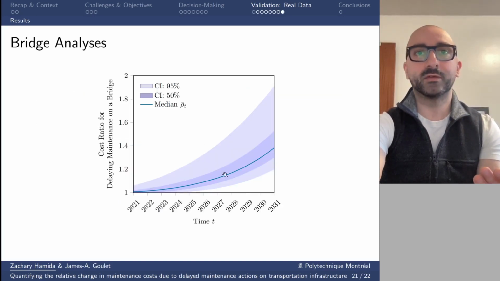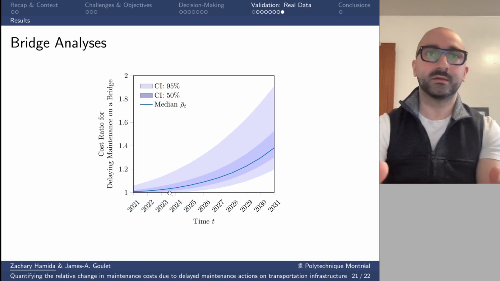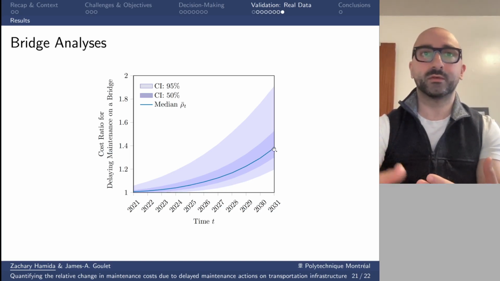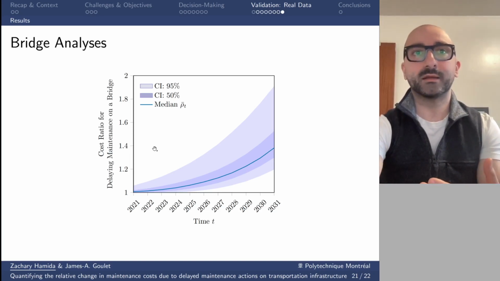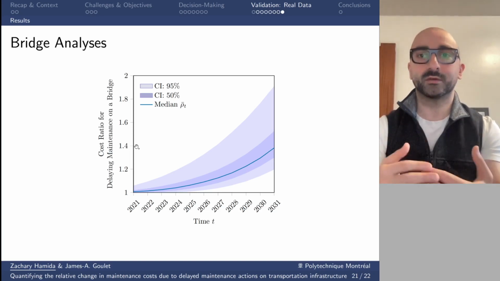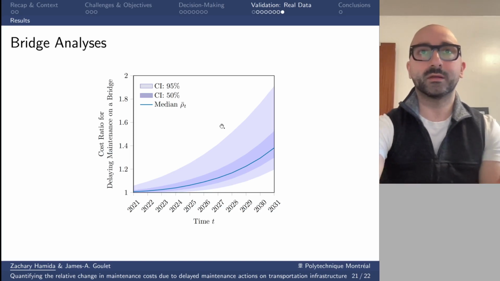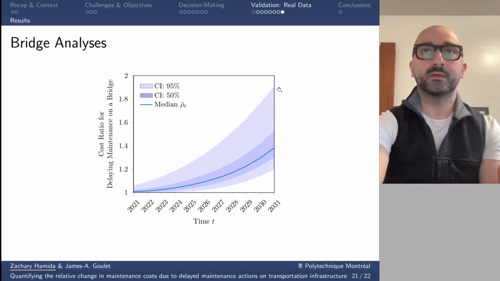If we rely on such information, we see this cost ratio, which shows that if we don't intervene, we would incur a total discounted cost in the future of this magnitude relative to the original total discounted cost, alongside the 95 and 50 confidence intervals.